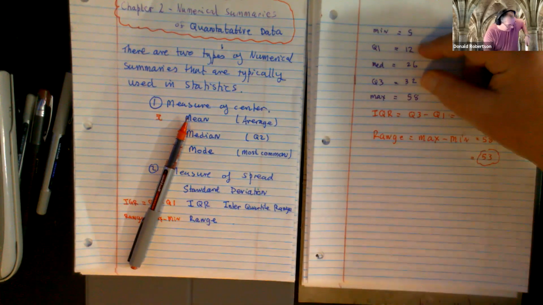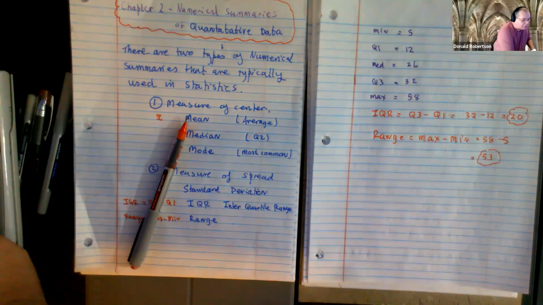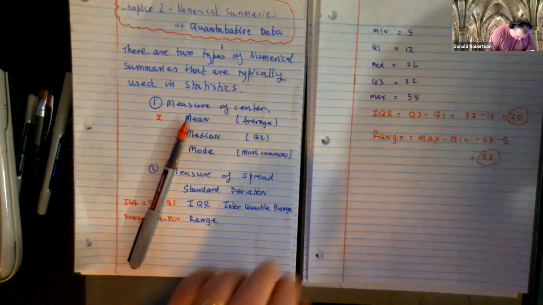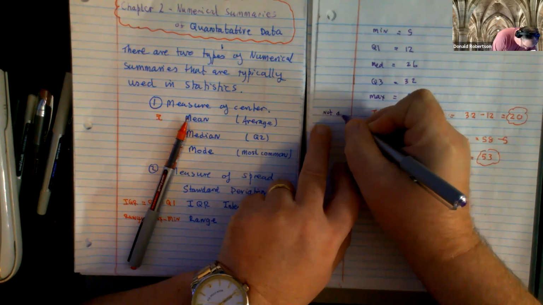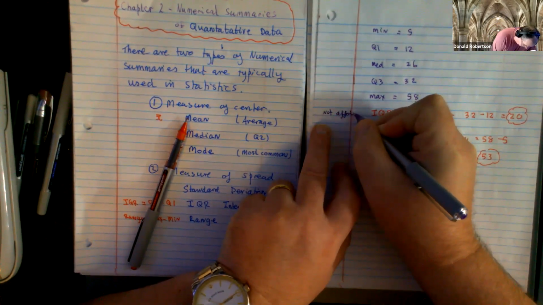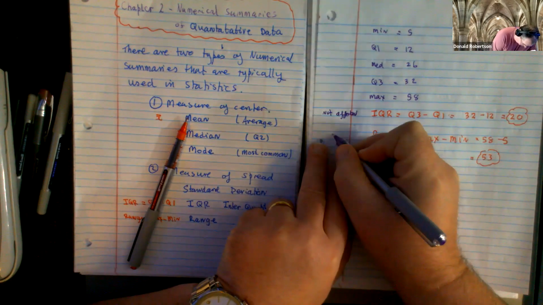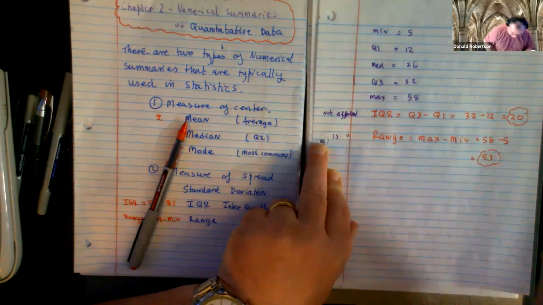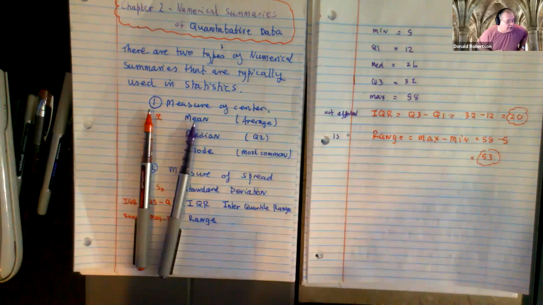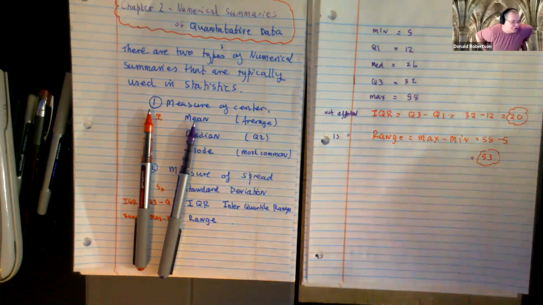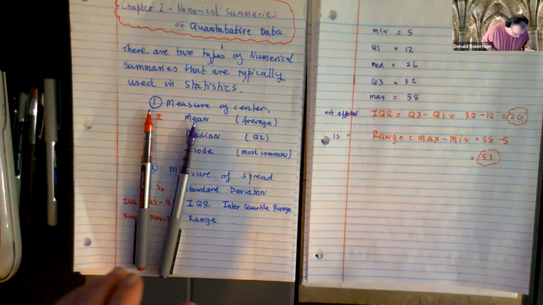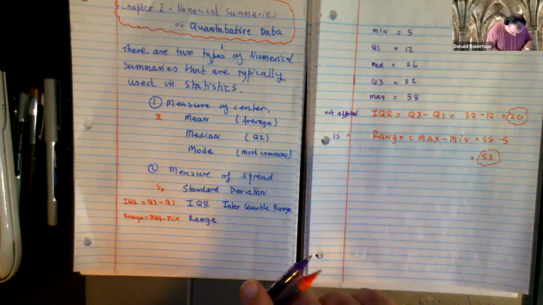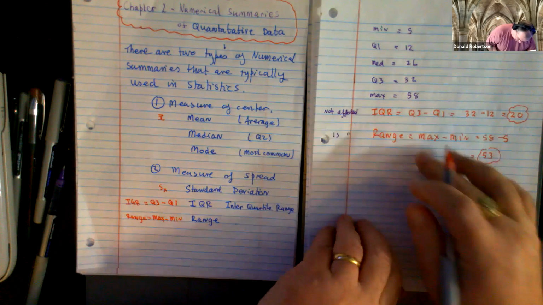Because it is not affected by outliers. This is affected by outliers, which is why we don't like it. If the data doesn't have outliers, then it probably won't matter, right? It'll do its job.